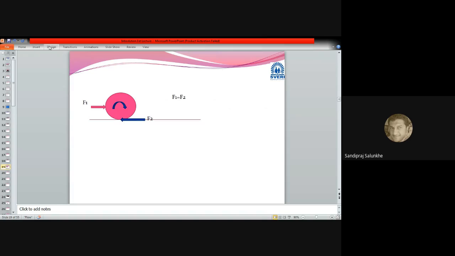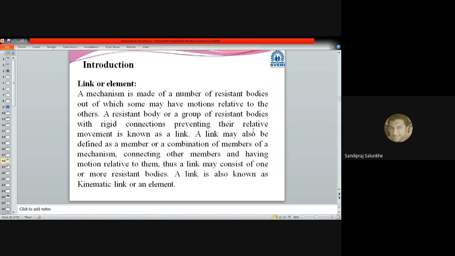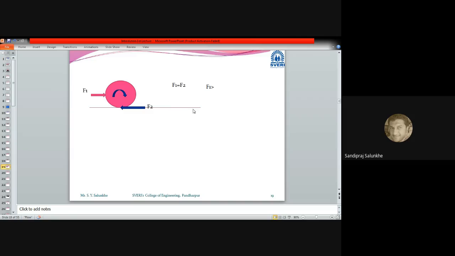But when we have the second condition, we say F1 becomes greater than F2. Then this wheel will start to rotate on the ground.